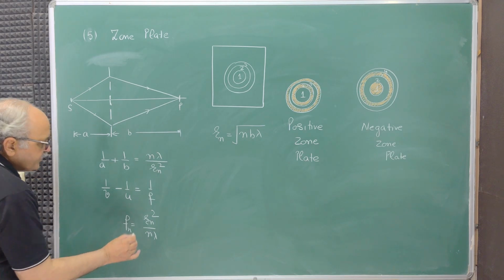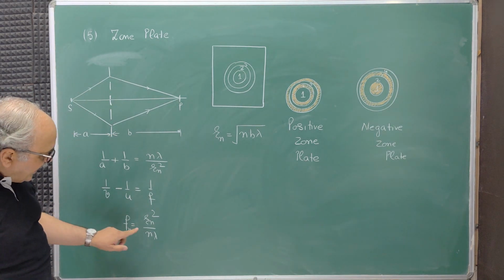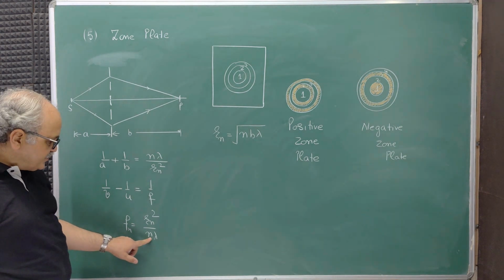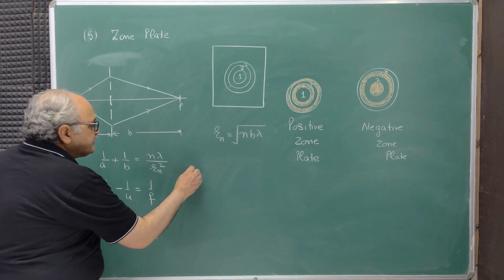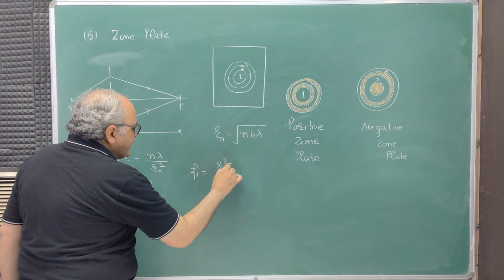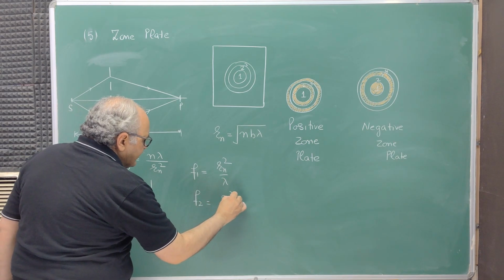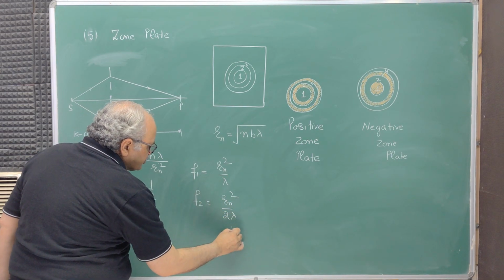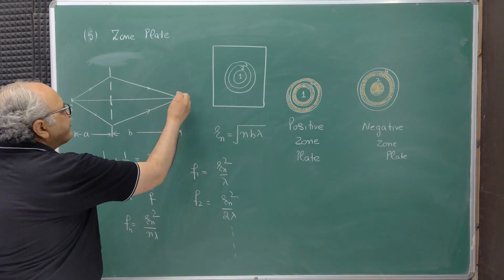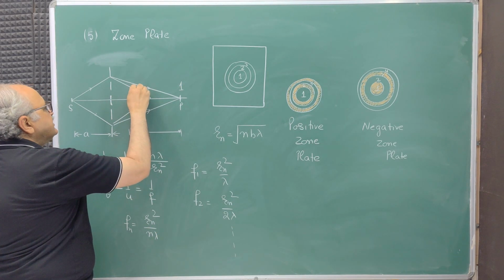Notice one thing: the focal length of the zone plate has a number of such positions. The first focus comes at a distance Rn squared by lambda. The second focus comes at Rn squared by 2 lambda, and so on. So if you have the first focus at this point, you expect the second focus to be at some other point.